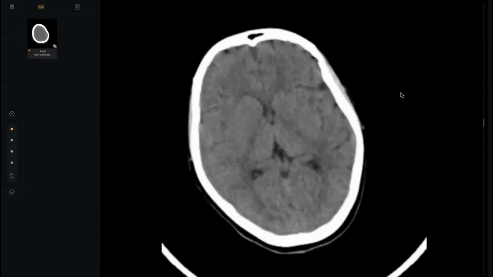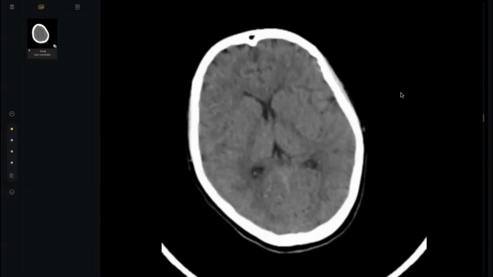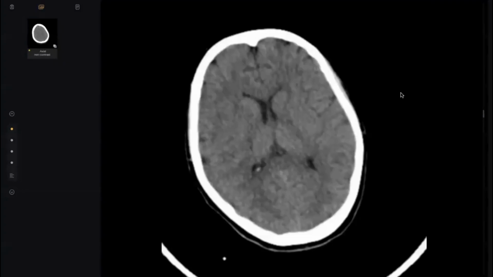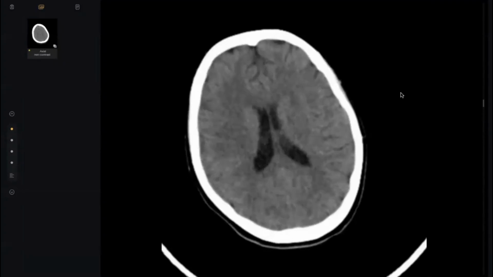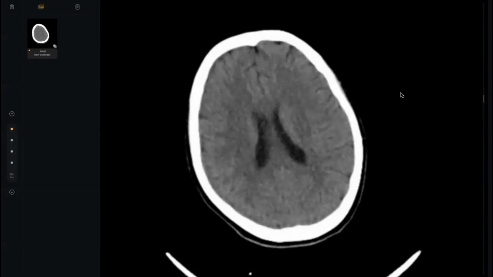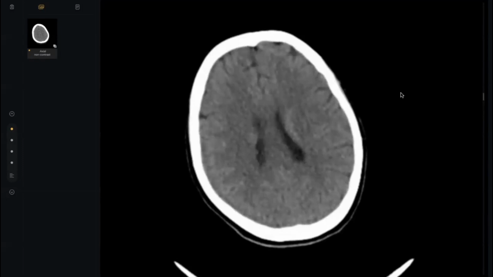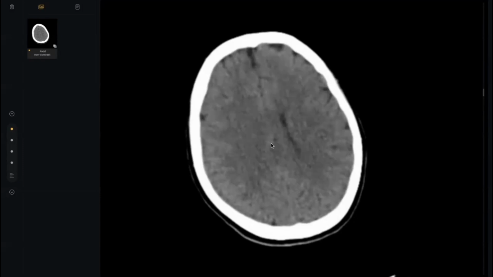The patient presented with fever, and I cannot appreciate any significant pathology on this particular image. There are some wavy convolutory margins along the ventricular margin, and some faint hyperdensities in the subcortical region.